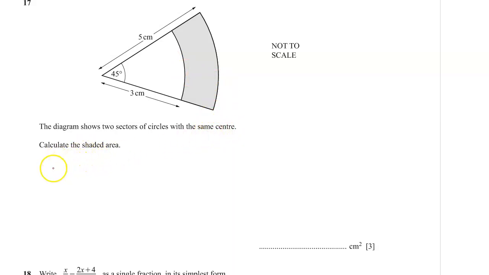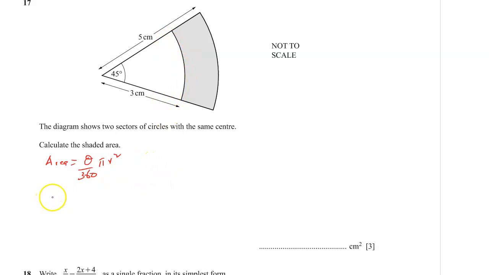Of course, the shaded area is equal to theta upon 360 pi r squared. You find the area of the larger sector, then you take away the area of the smaller sector.